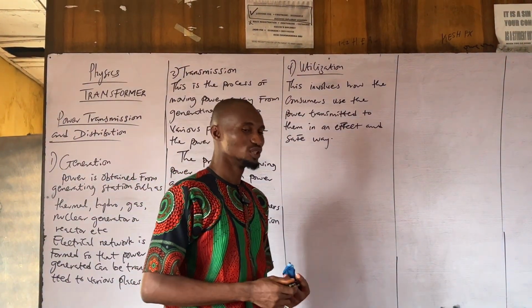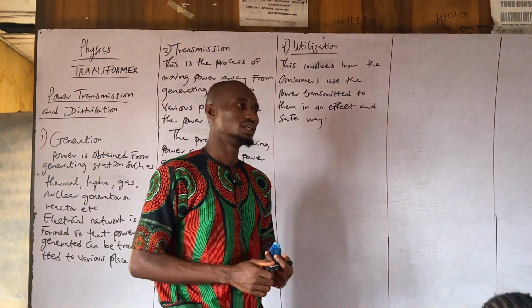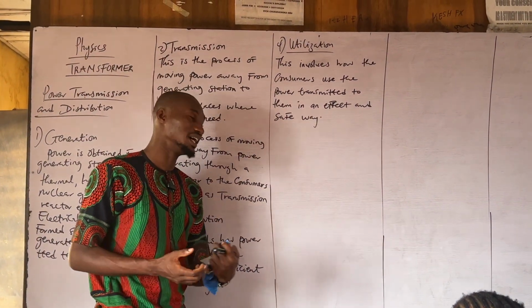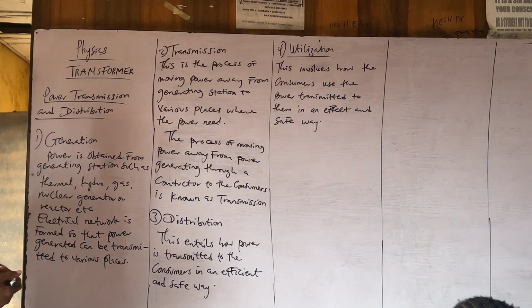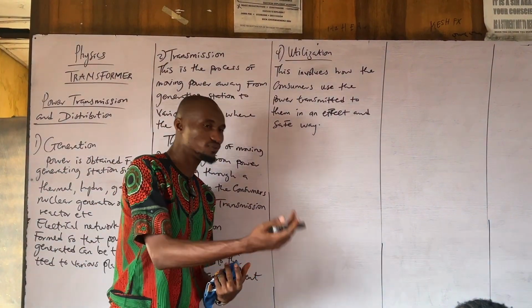You understand? So if you are dealing with electricity, you must be careful on how you utilize it, otherwise there will be a story that touches the heart. You get? So utilization means consuming what the manufacturer gives to you.